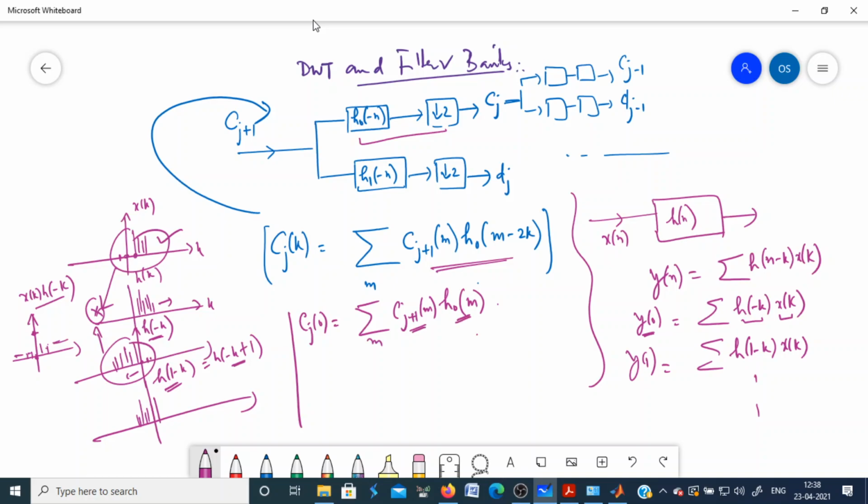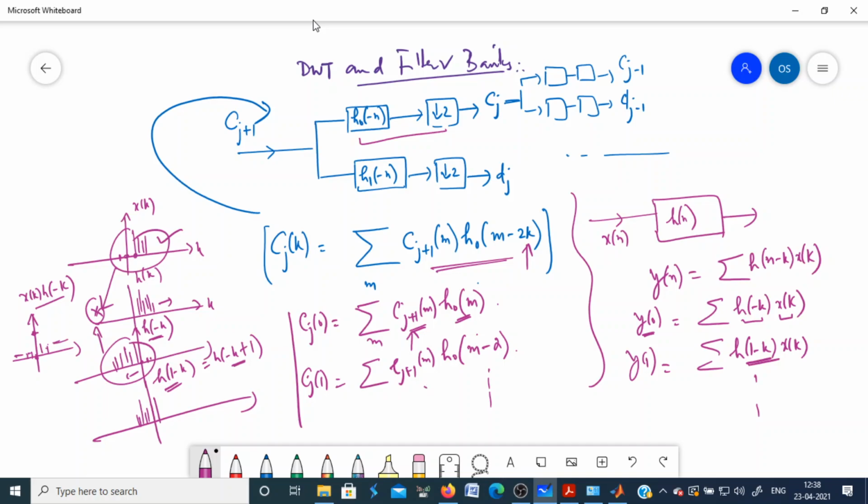In place of index k here, the index is now n. The input sequence is now Cj plus 1, and it is simply multiplied with h naught of m without any folding. Then for k equal to 1, you will get Cj plus 1 of m into h of m minus 2, then for k equal to 2, m minus 4, and so on.